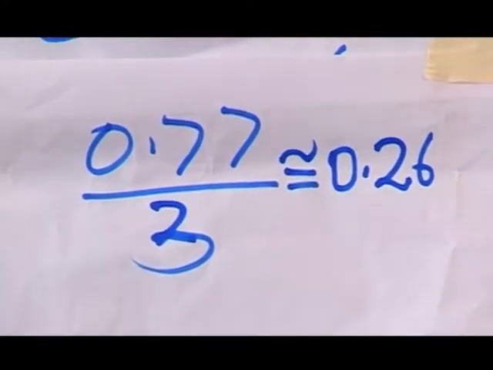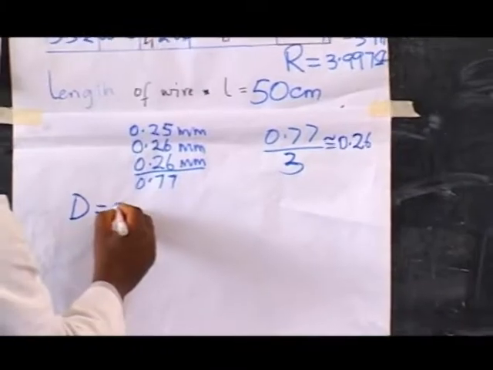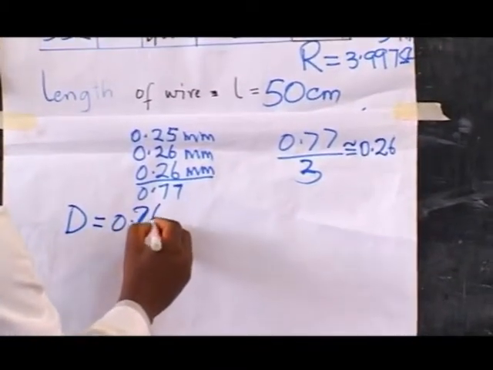So the diameter comes to be 0.626 millimeters.